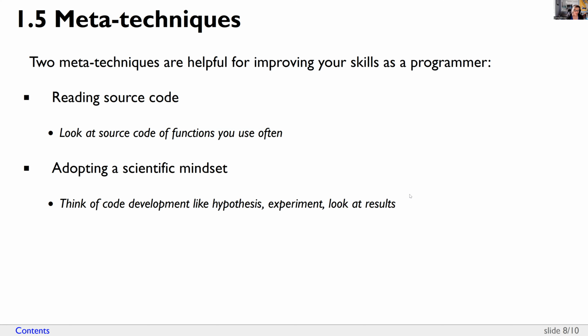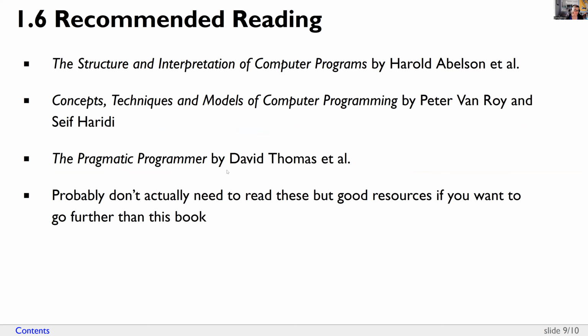I say, okay, that didn't work, but it got me one step further, so let me go back and try something else and see what it does. The goal is not to write perfect code all the time right away. The goal is to learn from our mistakes, iterate from there and get better.